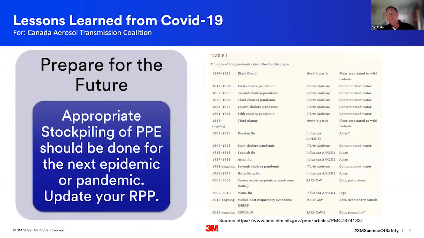The last one is kind of a call to action. It's to be prepared for the future. You know, we all saw that there was a shortage of respiratory protection, not just in Canada, but abroad. I think every country, there wasn't near enough supply of the respirators that were deemed necessary.